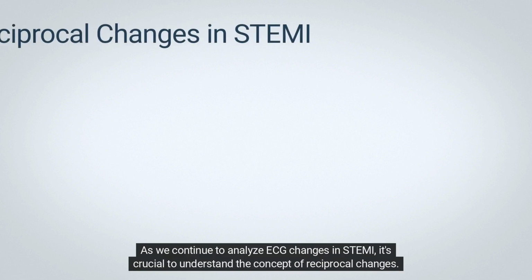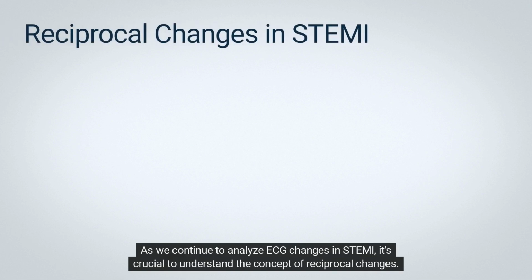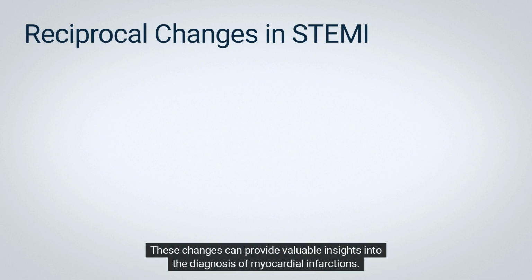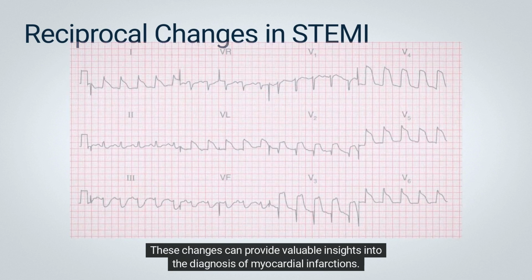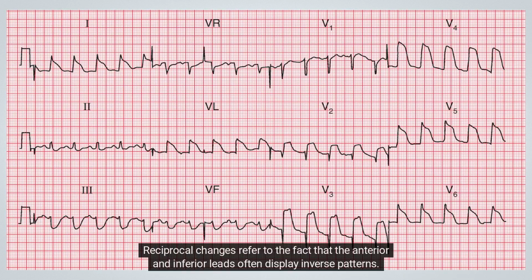As we continue to analyze ECG changes in STEMI, it's crucial to understand the concept of reciprocal changes. These changes can provide valuable insights into the diagnosis of myocardial infarctions. Reciprocal changes refer to the fact that the anterior and inferior leads often display inverse patterns.